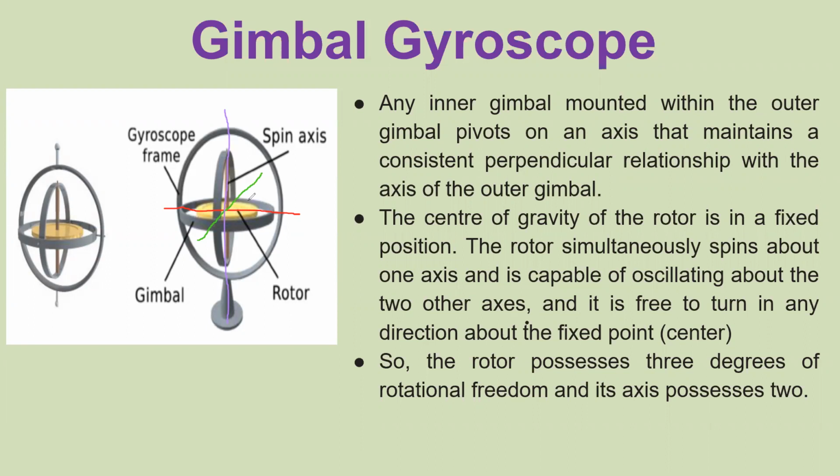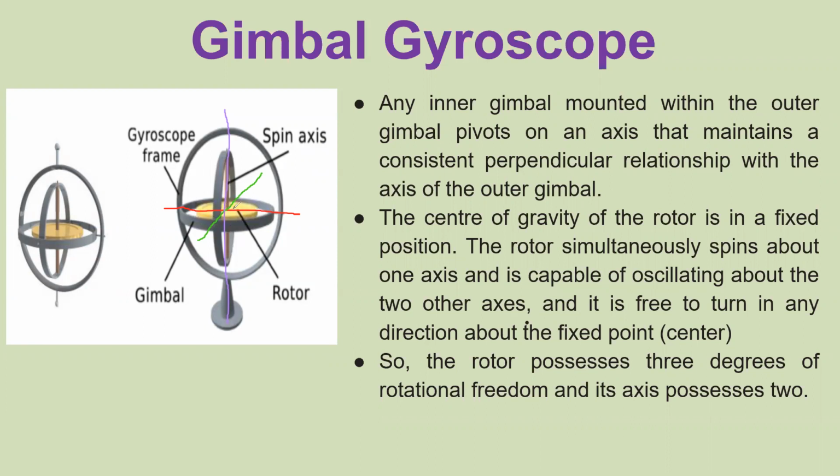If you take this disc, this disk has 3 degrees of rotational freedom. It is rotating around this axis. As the disk is in this gimbal, it can rotate around this green axis.